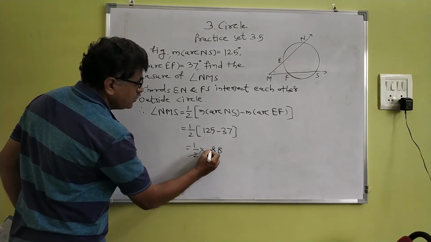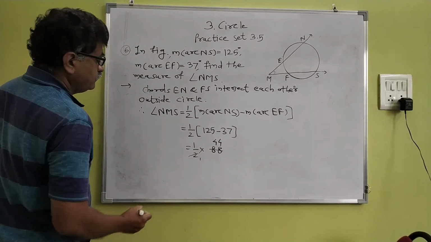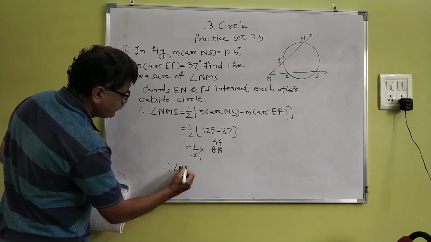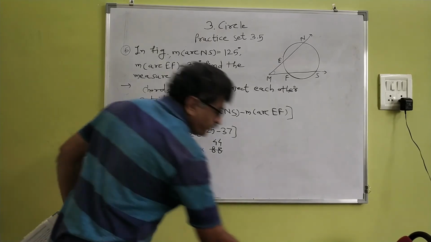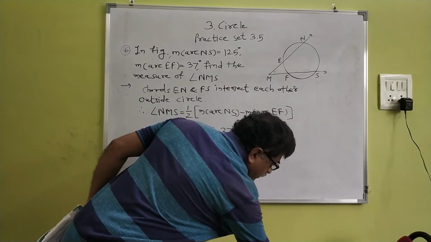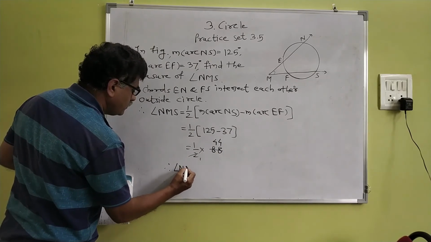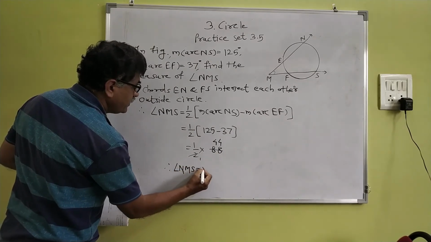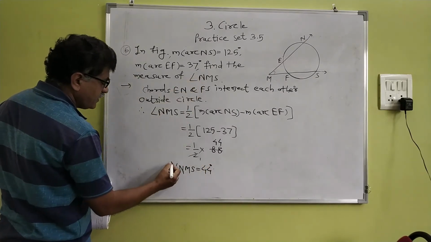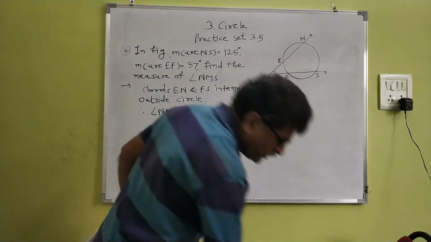Dividing by 2, we get 44. Therefore, angle NMS is equal to 44 degrees. This is 44 degrees.